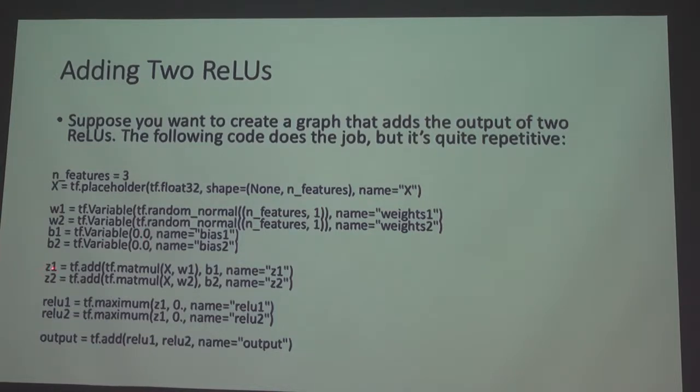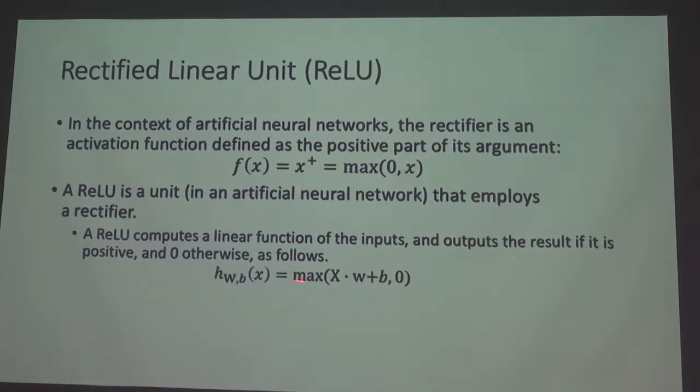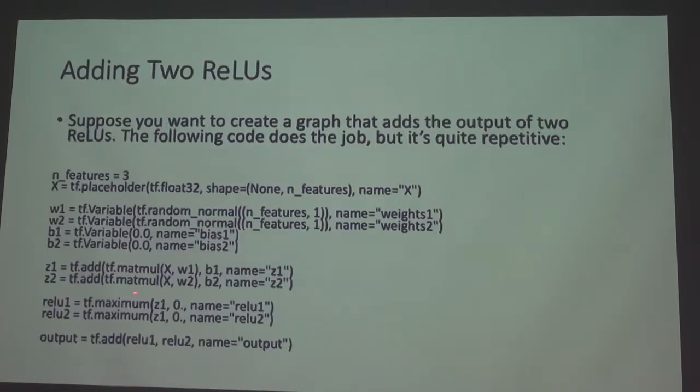Z1 and Z2 are the result of X dot W plus B. You can see it's a matrix multiplication of X and W1, and after that we add the resulting value and B1. So this line basically represents this part.